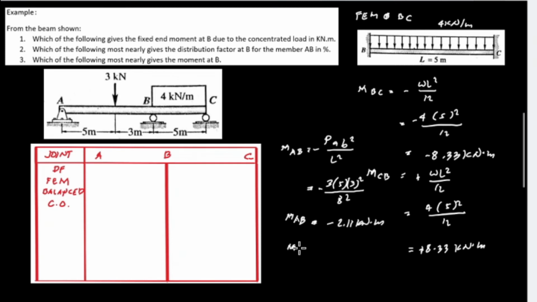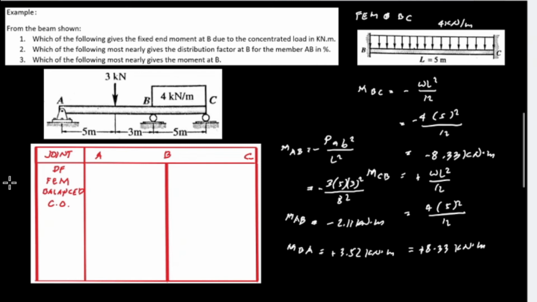While MBA, the fixed end moment BA, the answer to question 1, has a value of positive 3.52 kilonewton meter. So we have now the fixed end moment values.